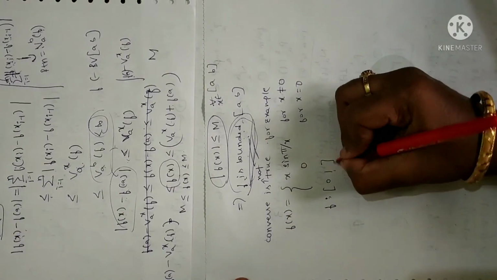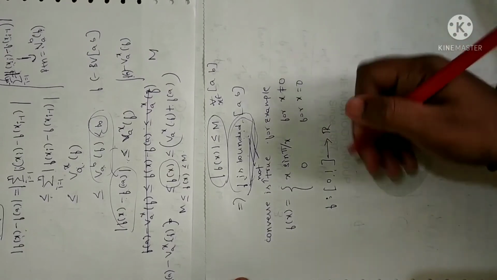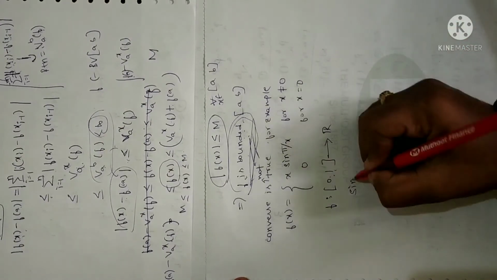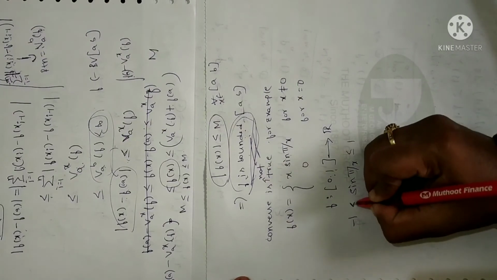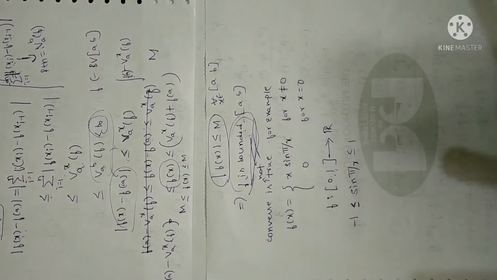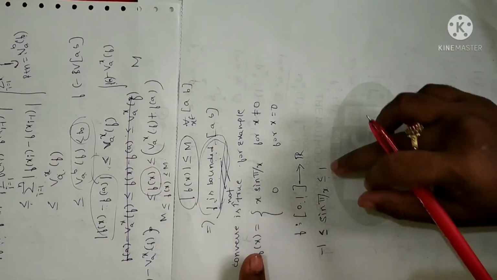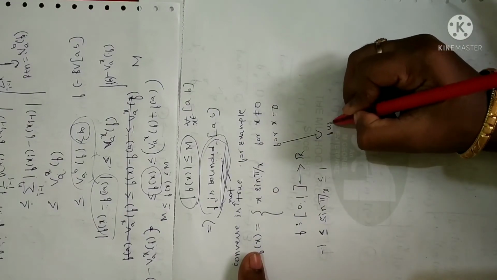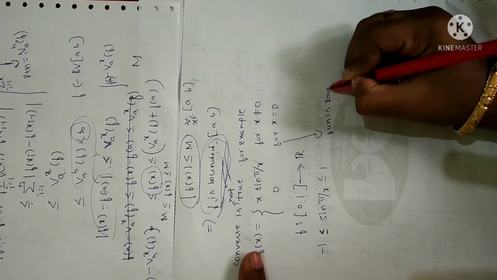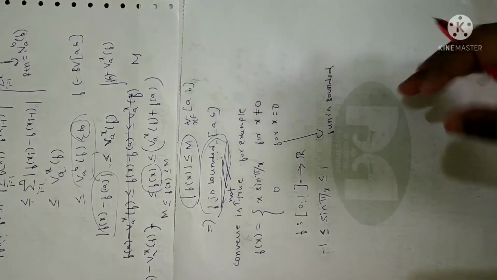Because the range for sine is from 0 and 1 to the real numbers R. Meaning is this value, that is sine pi by x, will be in between minus 1 and plus 1, as you are already familiar with the domain and range in your second PU. So this is the range for sine, that is minus 1 and plus 1. So we can clearly say that this function is bounded, but we need to prove that this bounded function need not be of bounded variation, right?